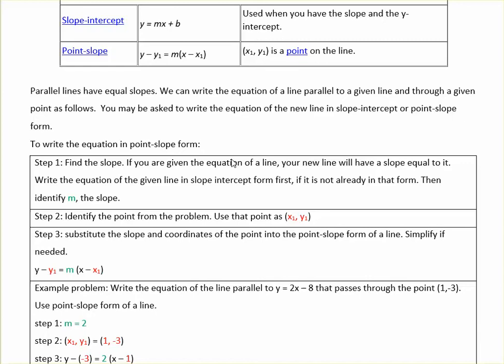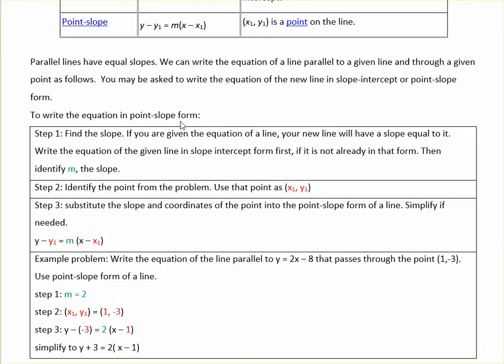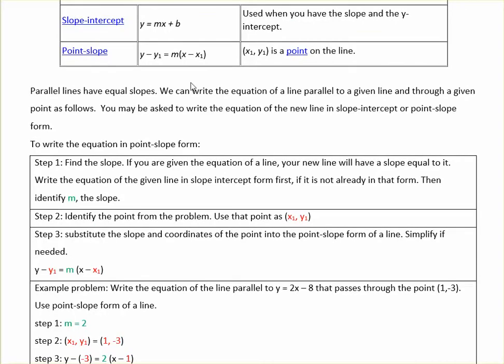So there are certain steps to write the equation in point-slope form. If the directions say, write the equation of a line that is parallel to this line and goes through this point, and write your equation in point-slope form, these are the steps you would follow. Find the slope. If you're given the equation of a line, your new line will have a slope equal to it, like we just talked about. So find m. It's probably easiest to first write the equation in slope-intercept form so you can just find the number that's multiplied by x.